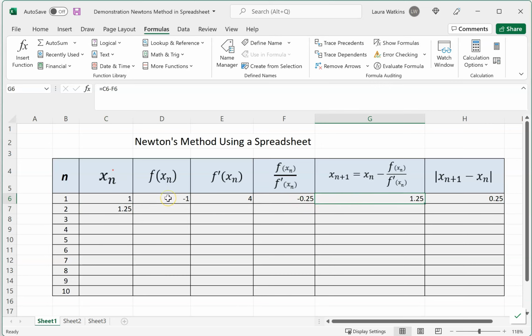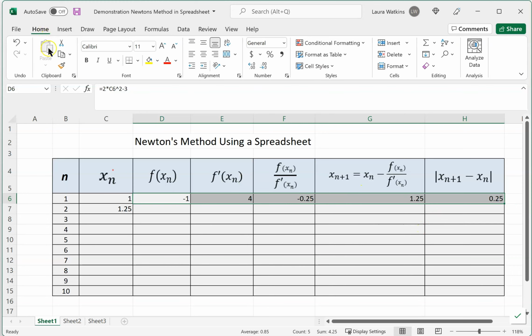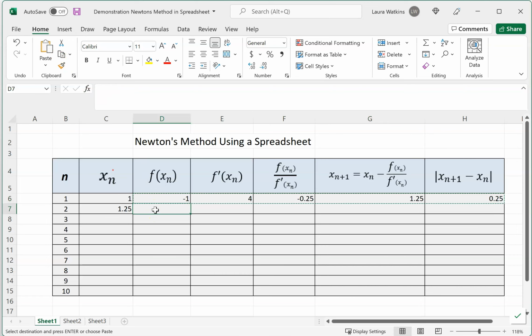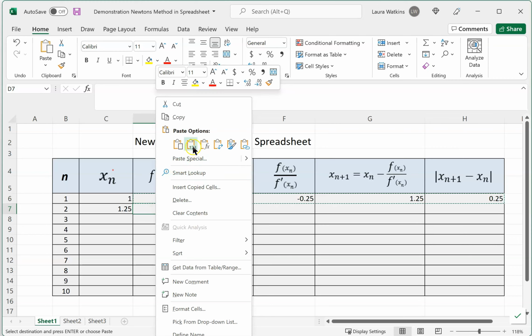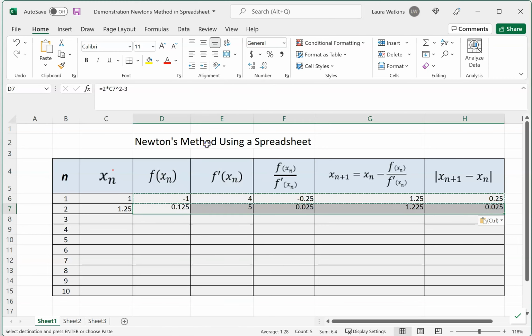Now here's the power of the spreadsheet. I'm going to highlight all of those columns. I'm going to come up here and copy. You can hit Control-C or you can use the menu. I'm going to move down one row and paste the formulas in.